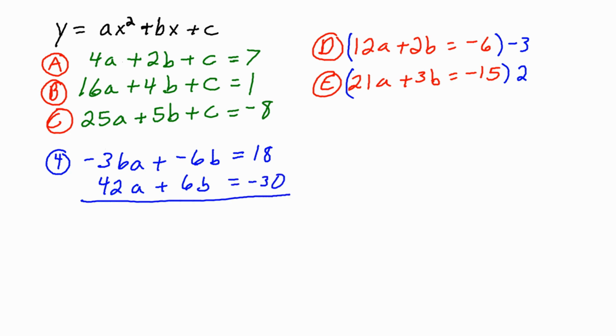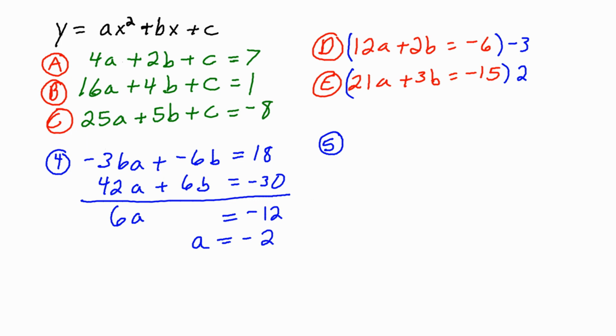Adding negative 36 plus 42, 6a, my b's cancel out. 18 minus 30 is a negative 12. Dividing both sides by 6, a equals negative 2. Using either D or E, I can easily find b at this point.